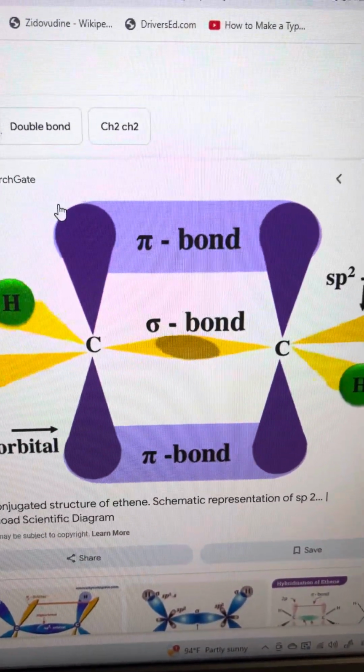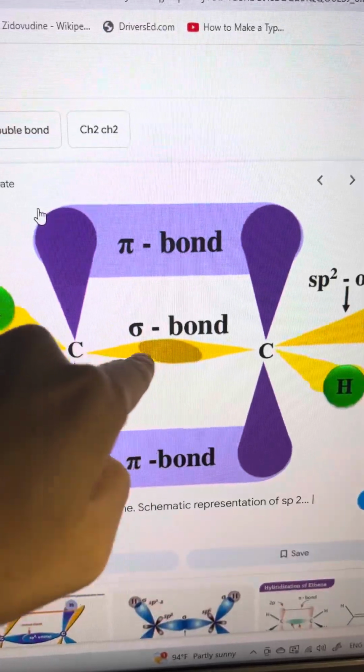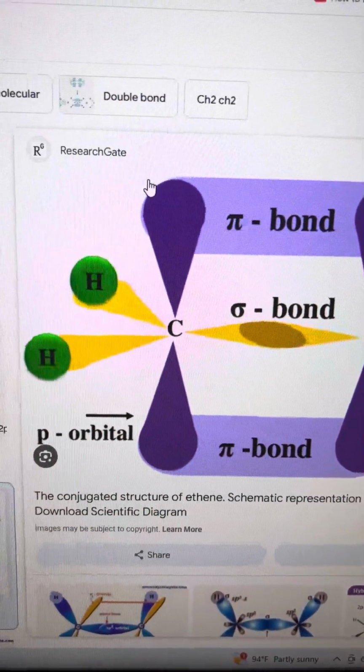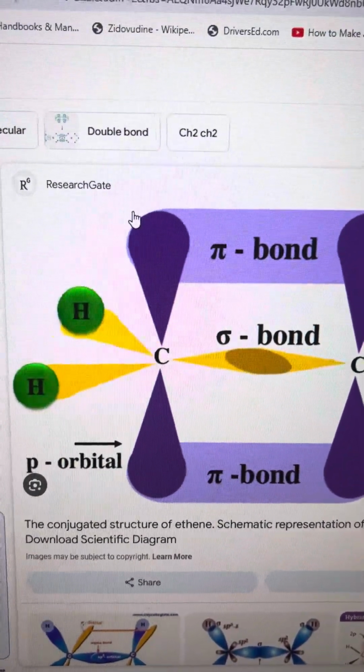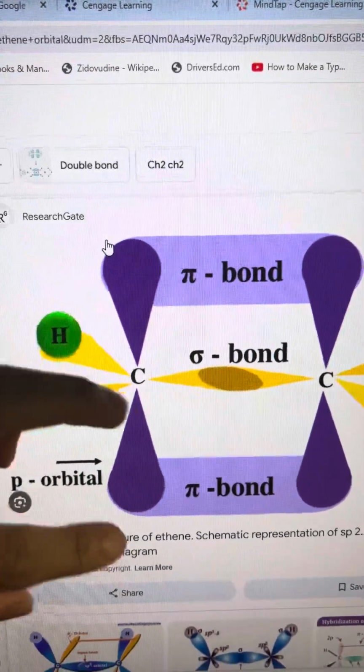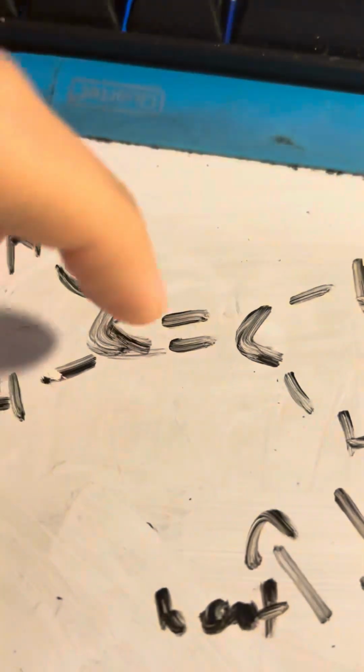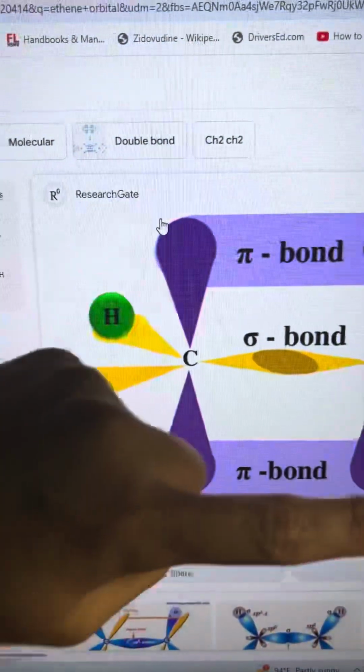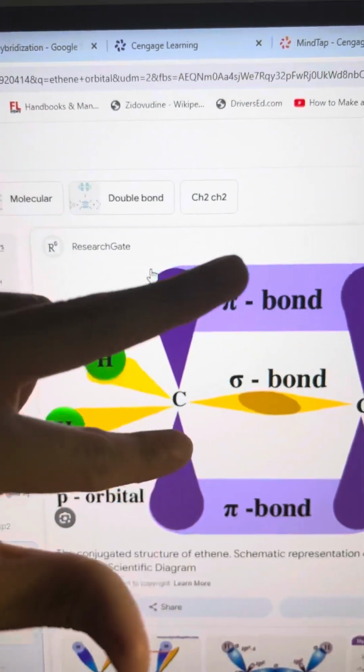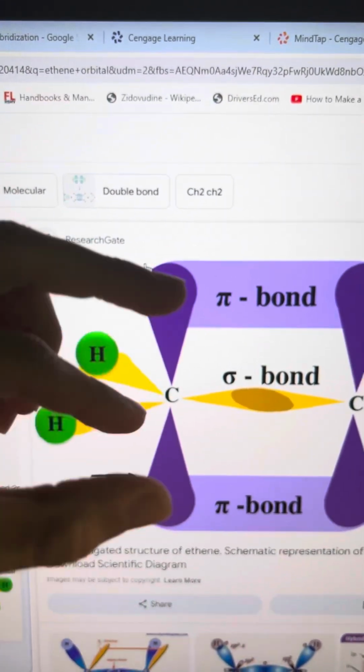This is like a sigma bond, but if you have a pi bond, it makes it more sturdy, and you have a double bond like this. And that's why a single bond can rotate, but the double bond has this thing stopping it from rotating.